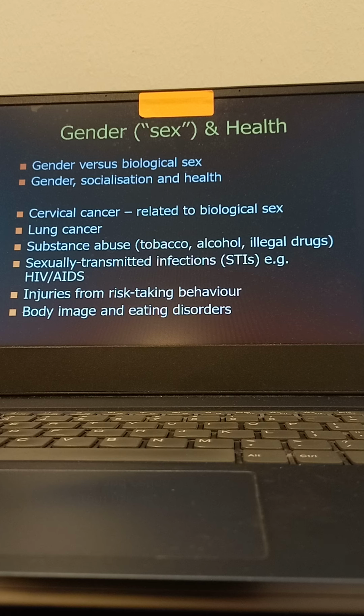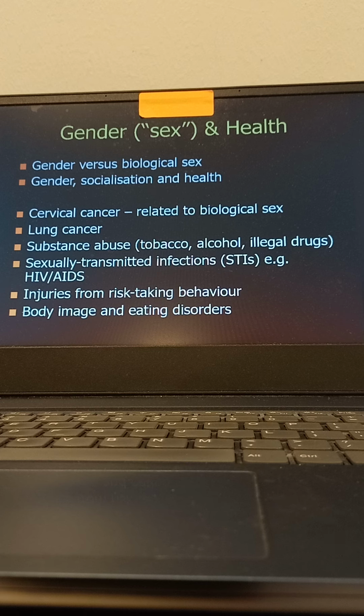Substance abuse, right, which gender is more likely to smoke, which gender is more likely to drink alcohol heavily, to take illicit drugs, and so on. Now, sexually transmitted infections, or STIs, for example HIV/AIDS, again related to sexual behavior, which is linked to gender too. Injuries and risk-taking behavior.